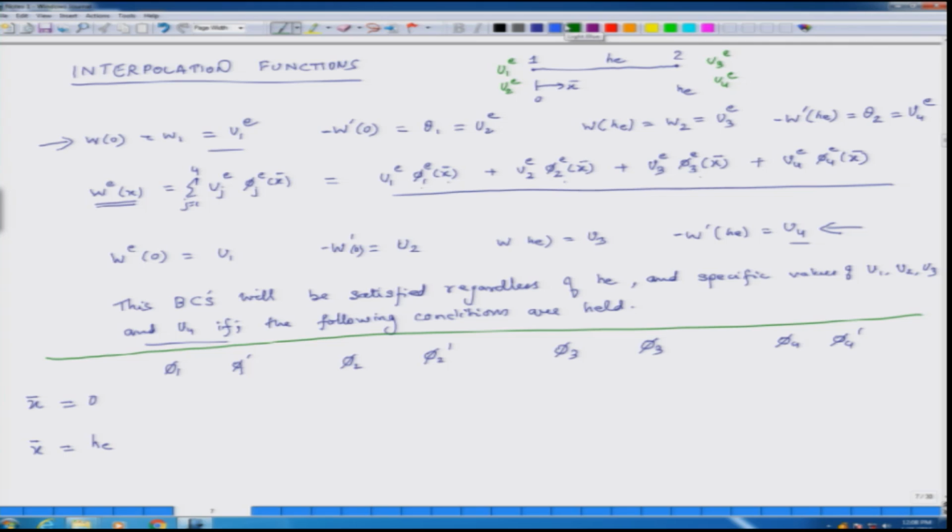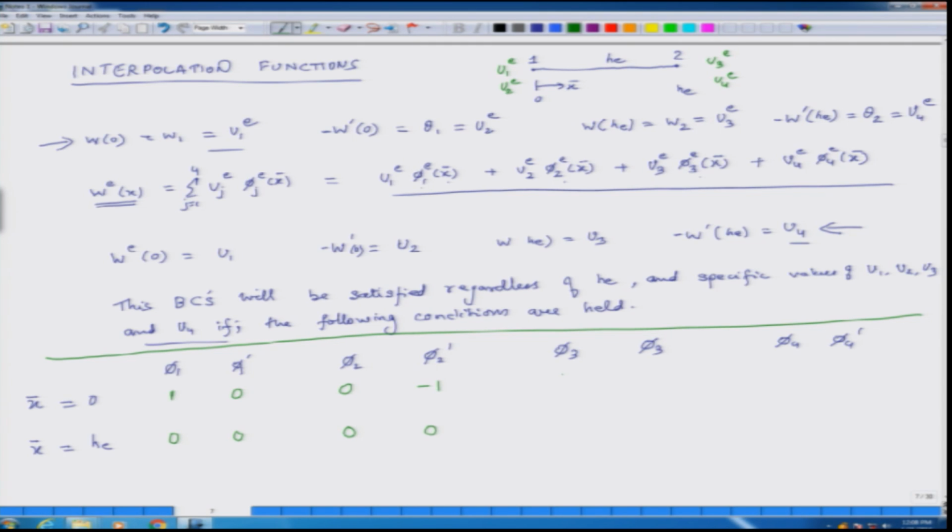So, at x equal to 0, phi 1 should be 1 and phi 1 prime should be 0, everything else should be 0. Then at x equal to 0, phi 2 should be 0, its slope should be minus 1, and phi 2 and its slope should be 0 at HE.